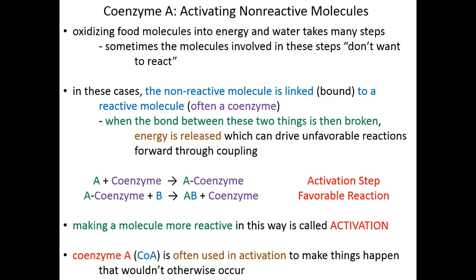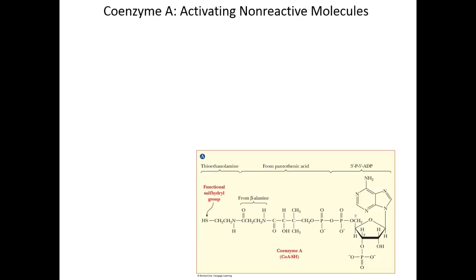Acetyl is a very content, very solitary molecule, very happy being acetyl and doesn't want to be anything else. But we need acetyl to link up with other molecules in order to drive metabolism forward. So to make that happen, we force acetyl to interact with CoA, creating acetyl-CoA, and only then will acetyl do what we want it to and continue on with glucose metabolism.